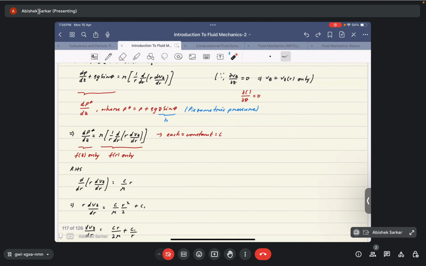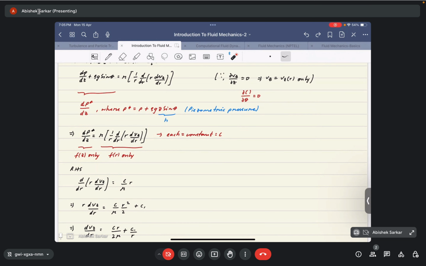Now again, similar to what we did in the previous session, in the case of flow between two parallel plates, dp star by dz is only a function of z, because p is not a function of r or theta. Similarly, mu 1 by r d by dr r dvz by dr is only a function of r.